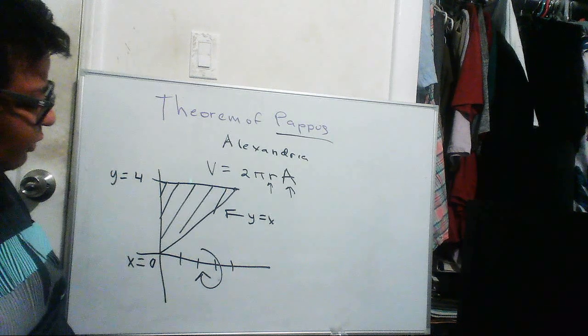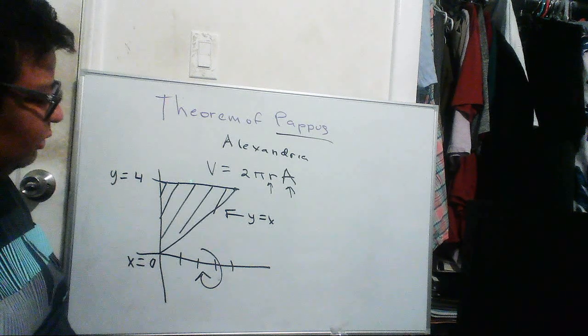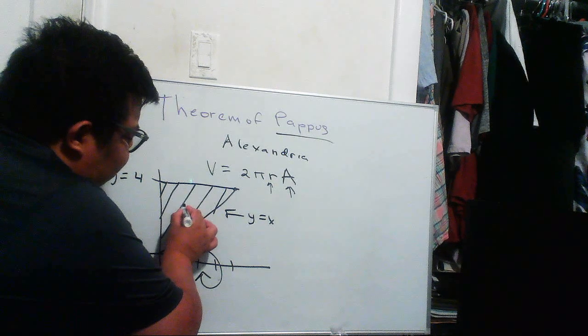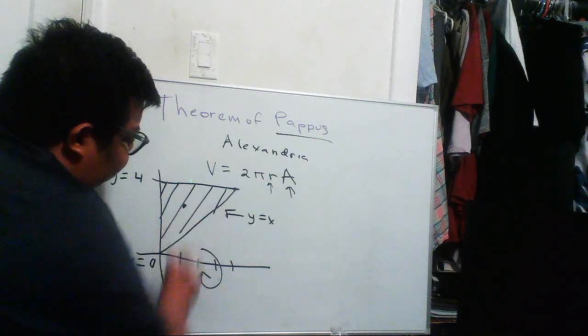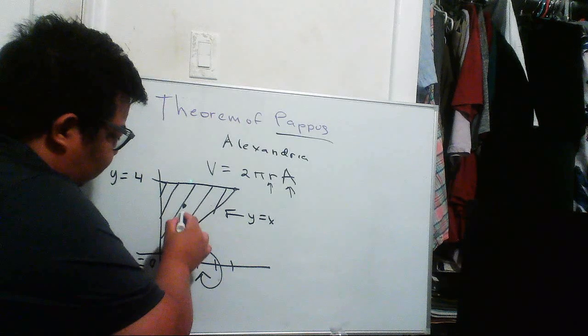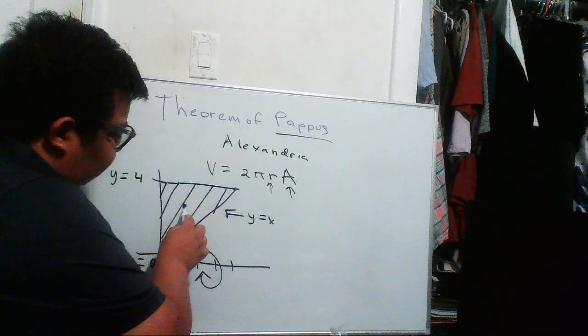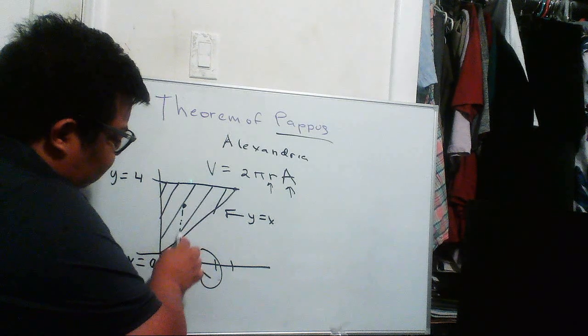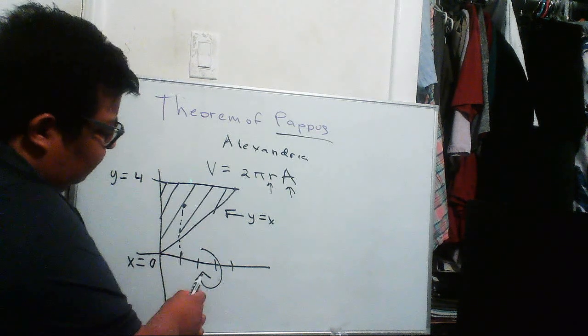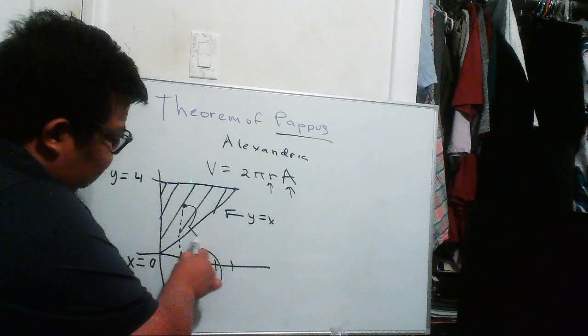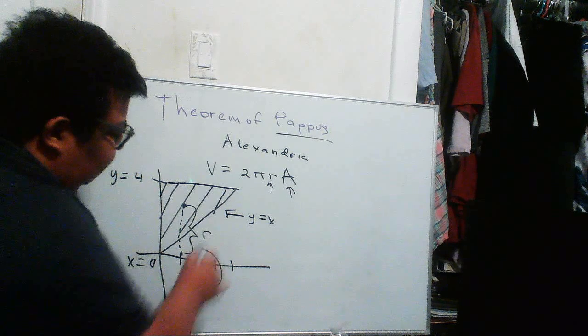What the Theorem of Pappus says is that if you find the centroid, or the center of mass, of a region, which for a triangle would be here, and then you take the distance all the way to the line of revolution, or the axis of revolution, this distance here is equal to r.